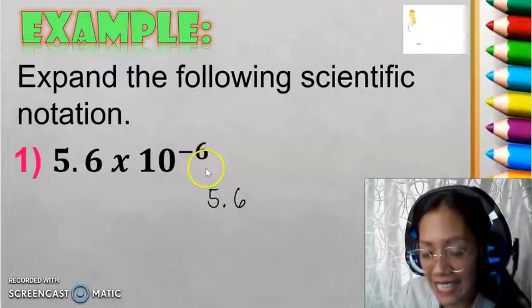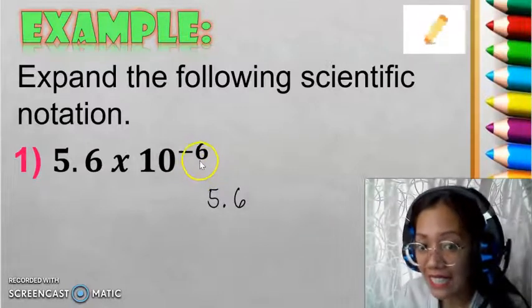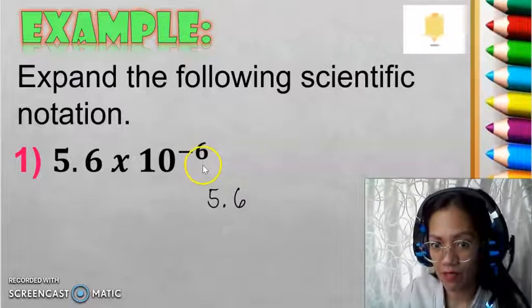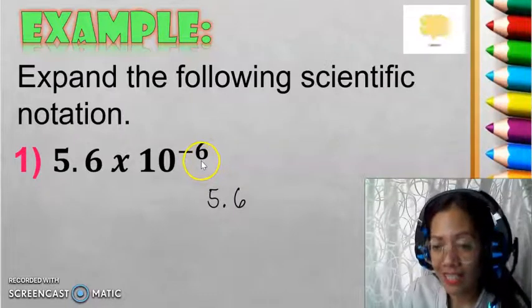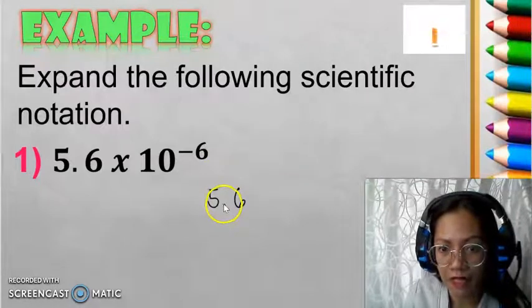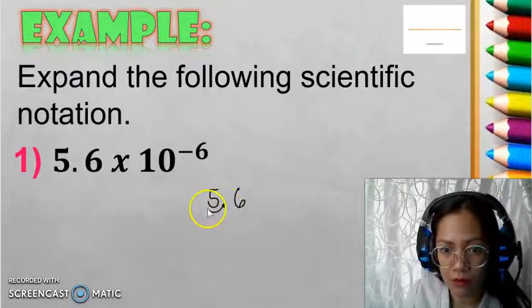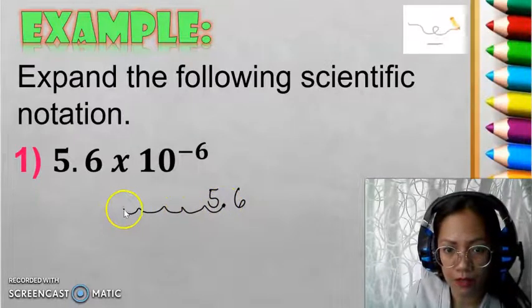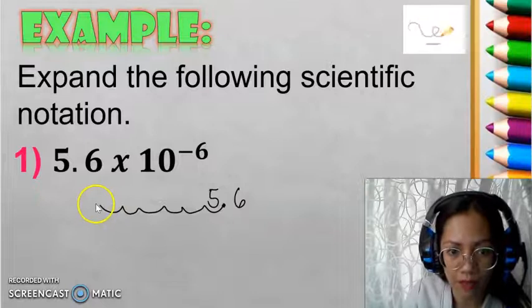So in this case, it's vice versa. If it is negative, you go to the left. So we will be moving 6 units to the left, 6 decimal places. Starting from the decimal point here, we go 6 decimal places: 1, 2, 3, 4, 5, 6. And we will stop here. What numbers should be written here?